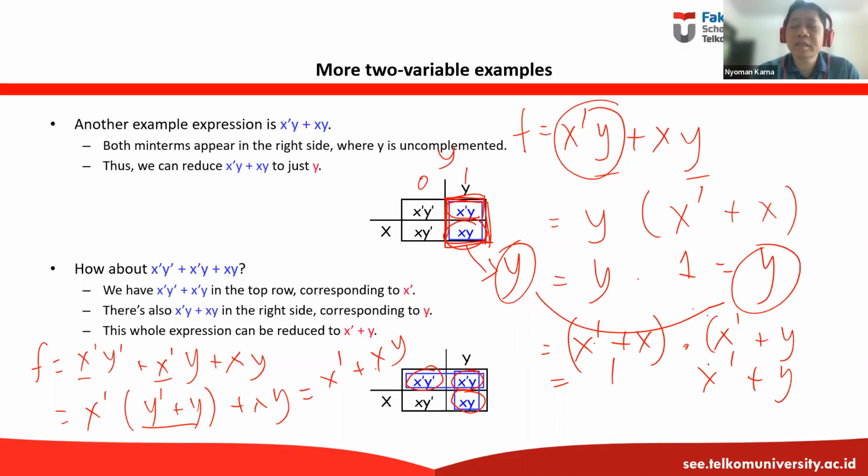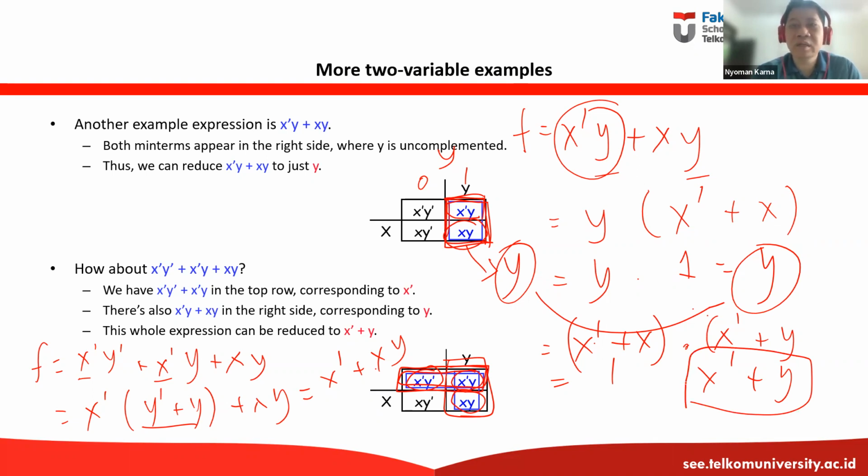Now, x naught is this block, and then y is this block. So, by using Boolean algebra, we can simplify the function, and the simplest function is x naught plus y.